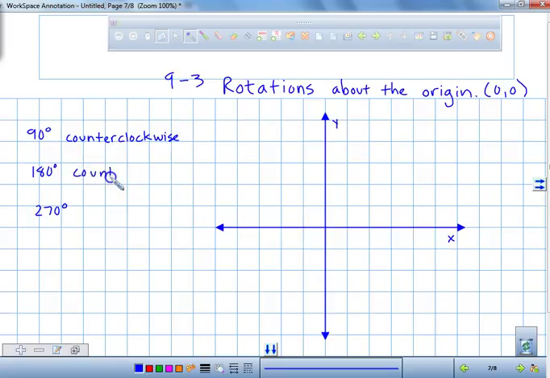This is something you might want to place into your journal so that you have these in case I give you a question about turning a point or a triangle or something around the origin, not just any random point. We're going to talk about these 3 rules: a 90-degree, 180, and 270.